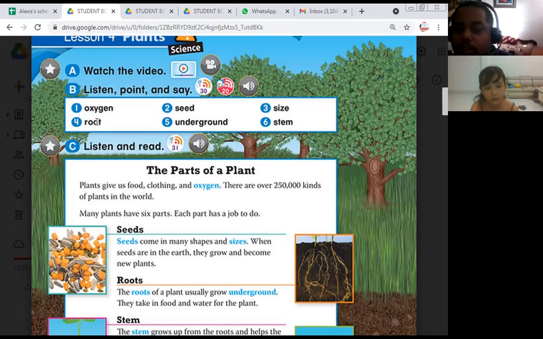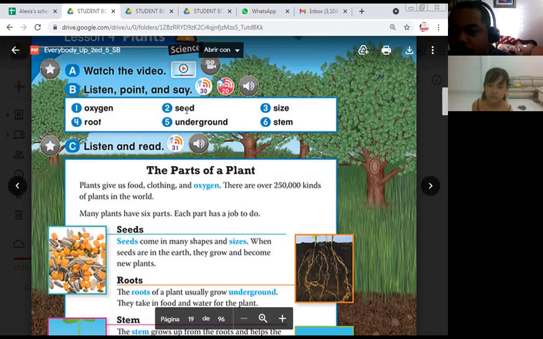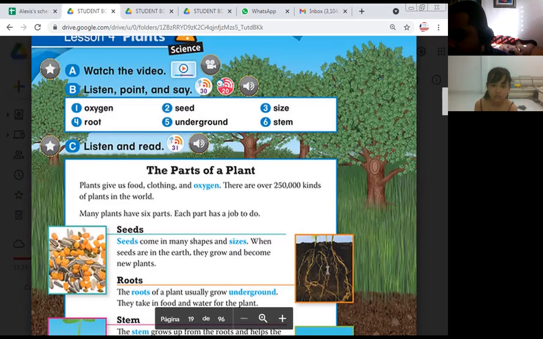And then the root. What is it? The root is the part of the plants that grows underground. Like the roots, they just grow underground and then just go down, down, down, and they just grow that way.